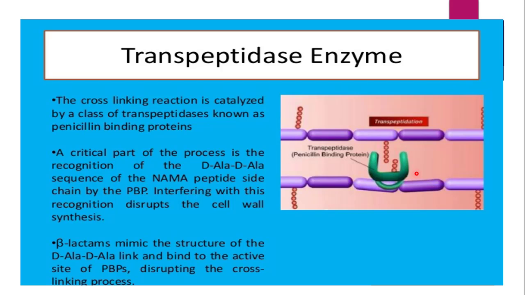Here the beta-lactams will mimic the structure of the D-alanyl-D-alanine link and bind to the active site of PBPs. That means beta-lactams will bind to the PBPs and disrupt the cross-linking process by interfering with the function of the PBP, since beta-lactams and these are structurally similar.